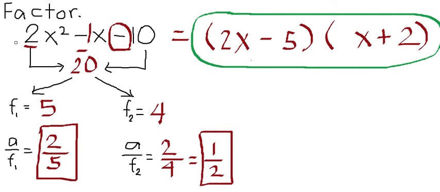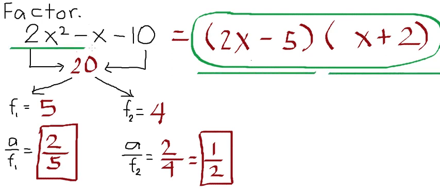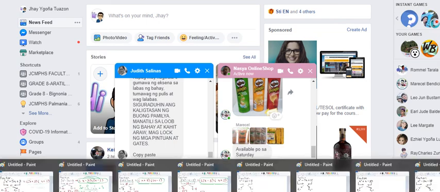Or, we can say that the factors of 2x squared minus x minus 10 is equivalent to quantity 2x minus 5 times quantity x plus 2. Kayo na bahala mag-check kung equivalent lang ba ang product ng dalawang factors na ito dito sa general quadratic trinomial na ito. Kapag tumama, tama ang iyong sagot. Let's now proceed to our next example.